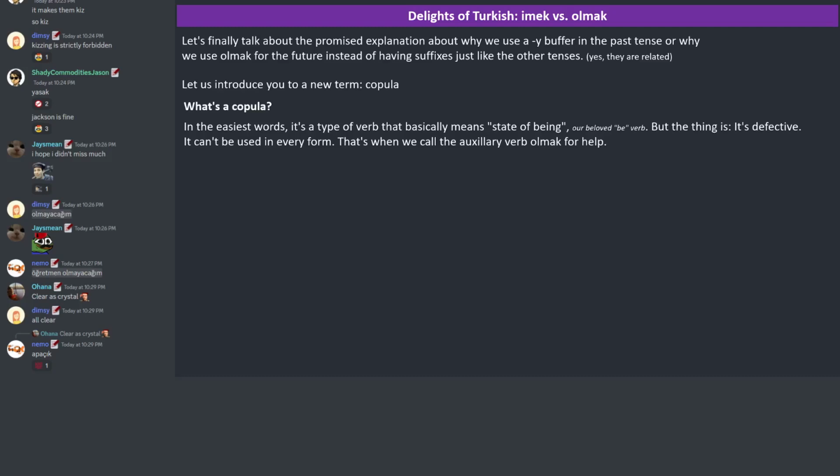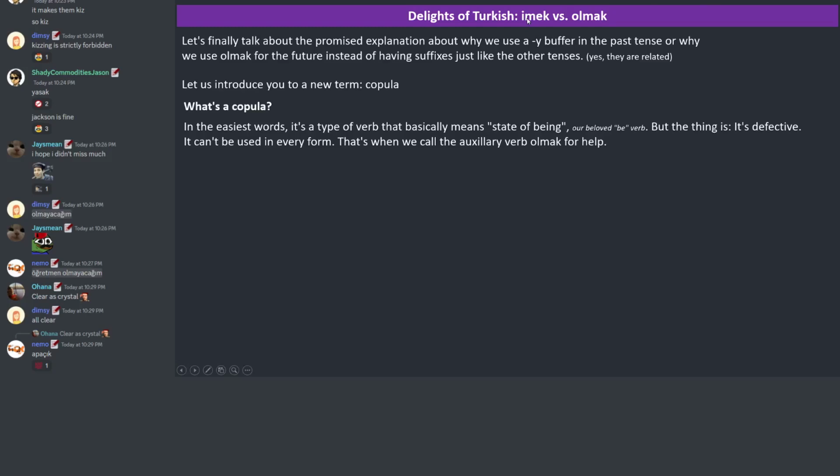But just to explain this difference, just to please the language nerds, there's a difference. And knowing about this difference helps you understand how things work, such as why there's a y. That sounds funny. It explains the y buffer and it explains the olmak. So far with the present and past, we used imek.